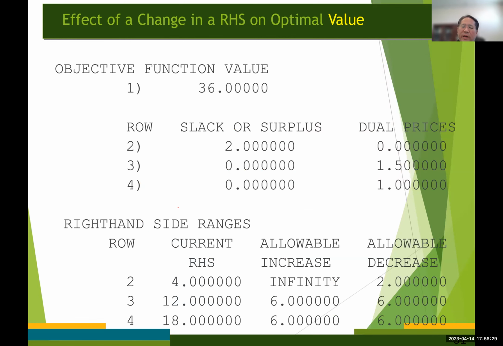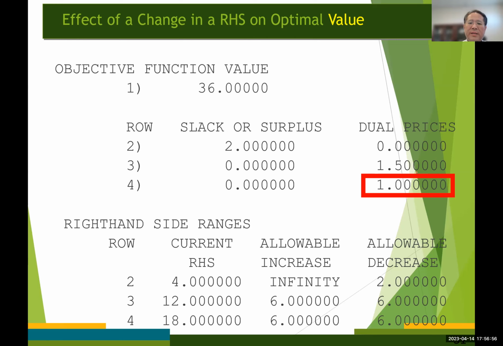Okay, now what if B3 is decreased by 6 units, which is still within the allowable decrease limit? Then the objective function value will be decreased by 6 times this much, right?